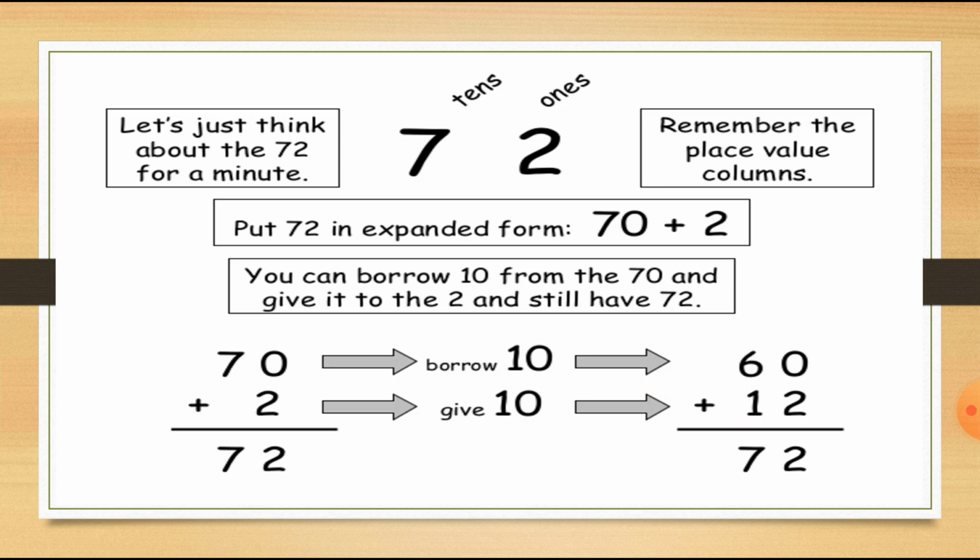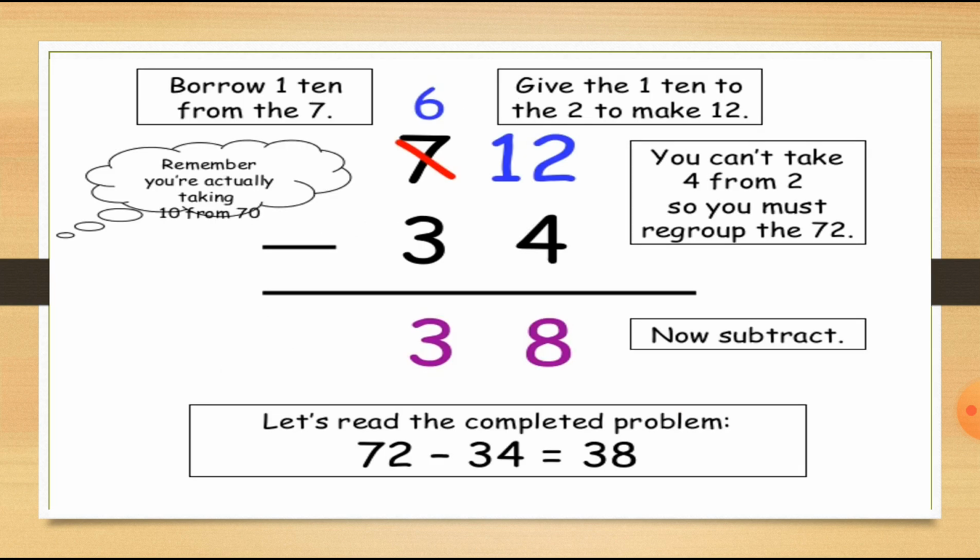Now how do we solve this? Let's see. Here is the 2. Just don't look at this 1 here. Here is 72. So this 2 is not enough to cut 4 from it. So we will take 10 and give 10 to the 2. So 2 plus 10 is equal to how much?